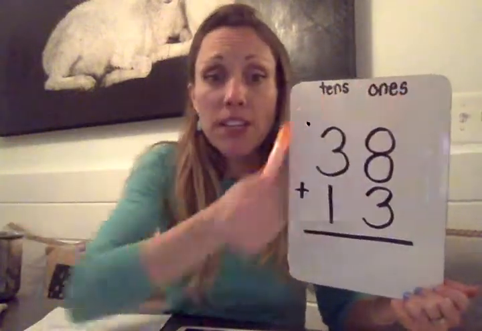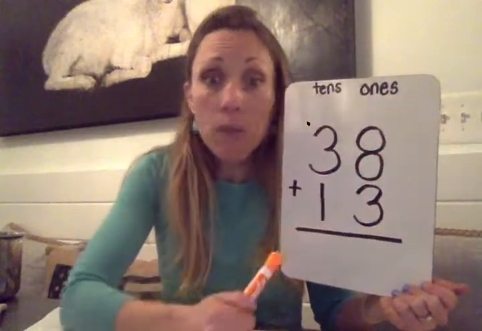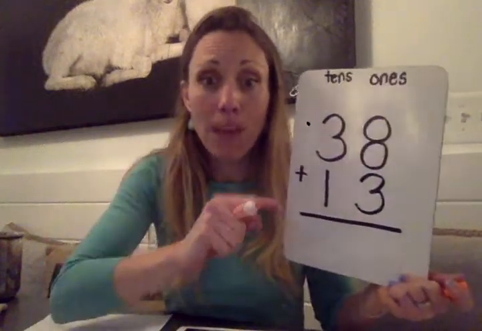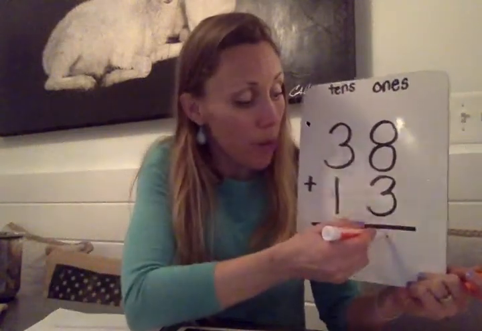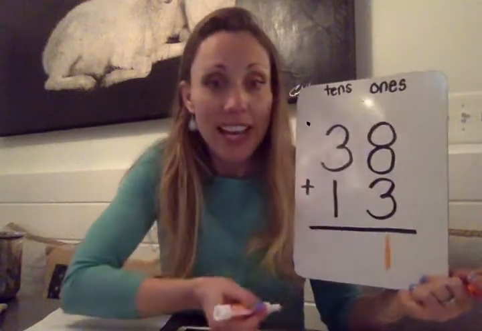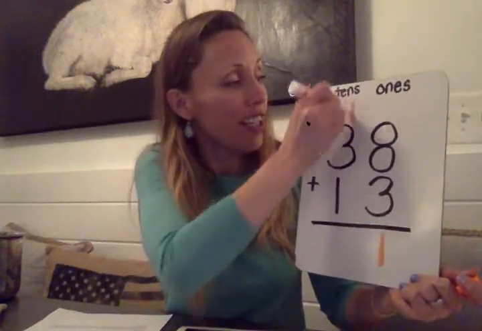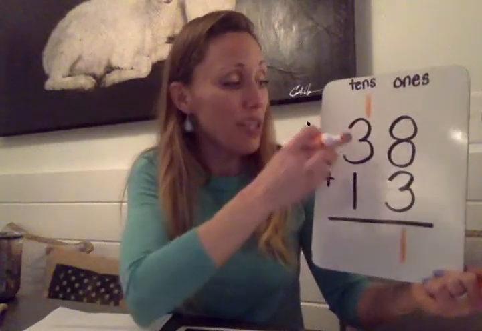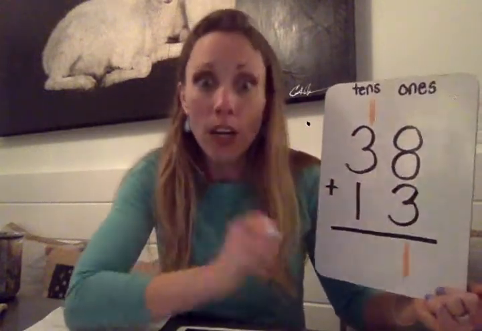I have these up here as a handy reminder. Everybody, what is 8 plus 3? It's 11. 11 is 1 ten and 1 one. So I'm going to put the 1 one here, and I'm going to put the 1 ten up here. Now I'm ready to add my 10s. What is 3 plus 1? 4.